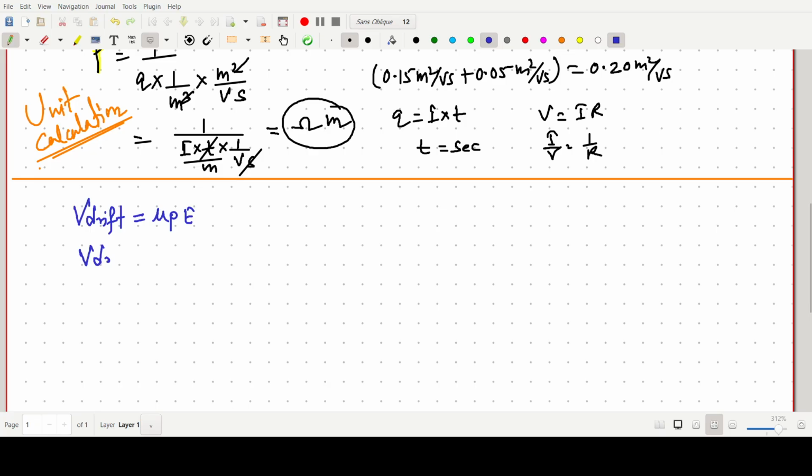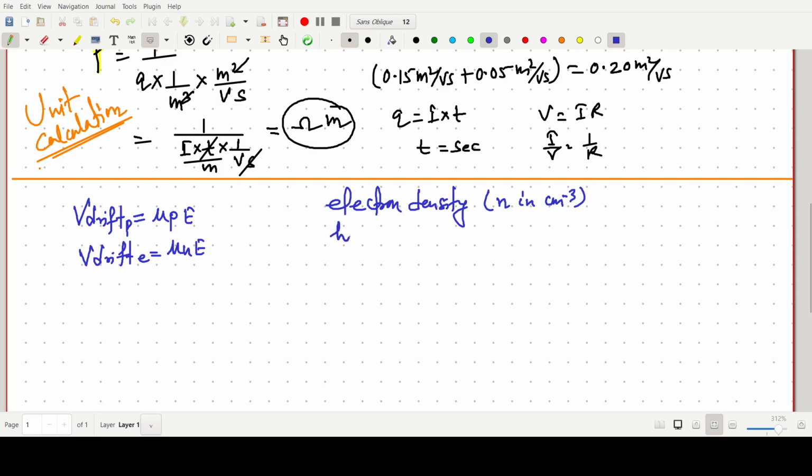Similarly, for the electron we can write it mu n e. Okay, and if we assume that electron density is represented as n per centimeter cube.